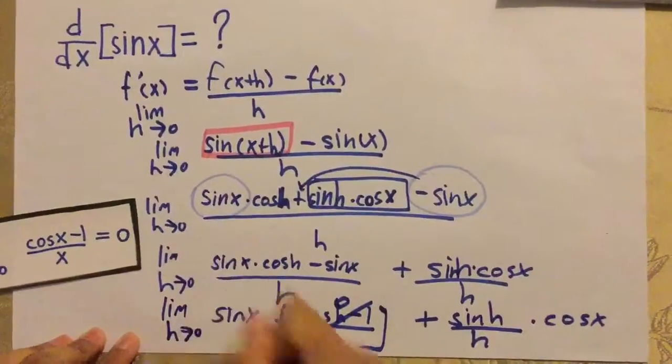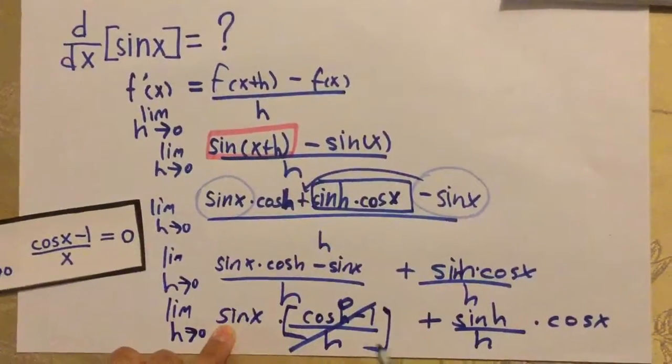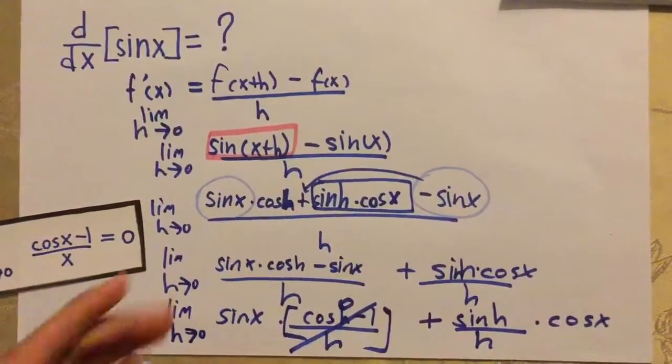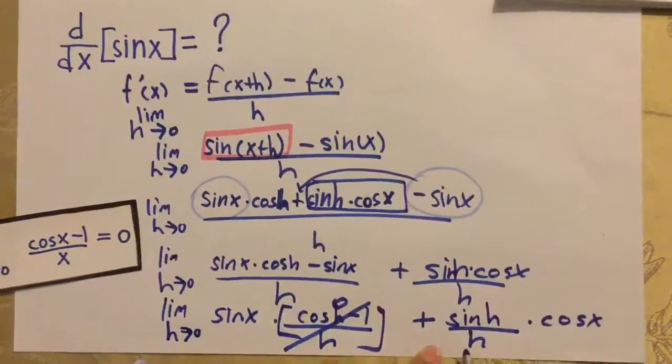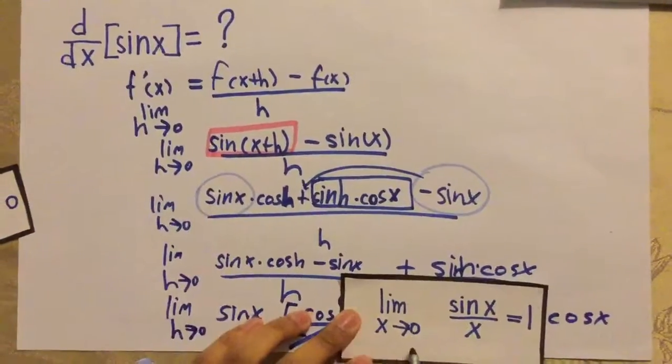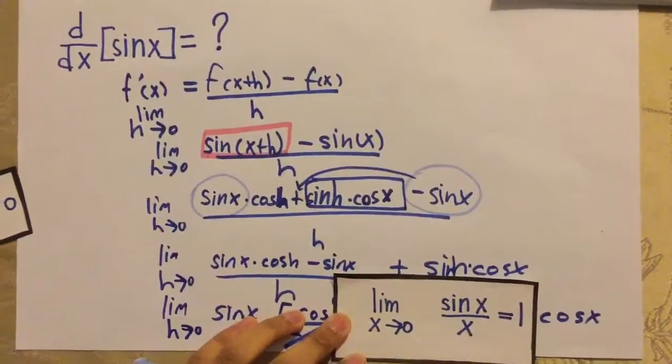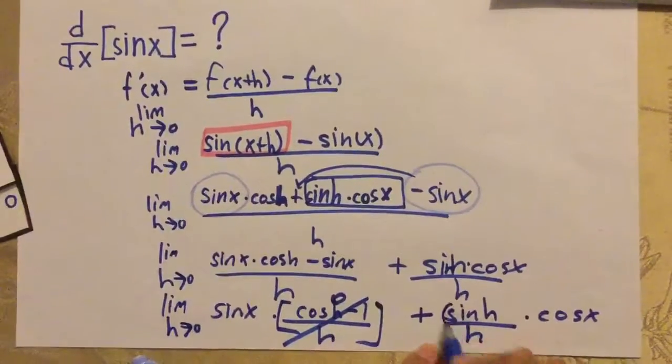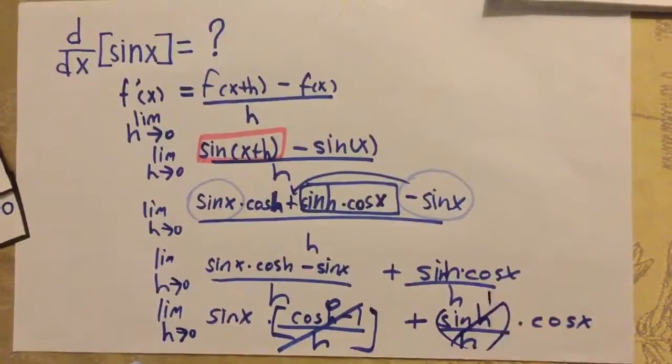So h approaches 0. Now, sine x times 0 is just 0, right? So the entire thing cancels out, basically. And according to this special identity, the limit as x approaches 0 of sine x over x is 1. So this entire thing is just equal to 1.